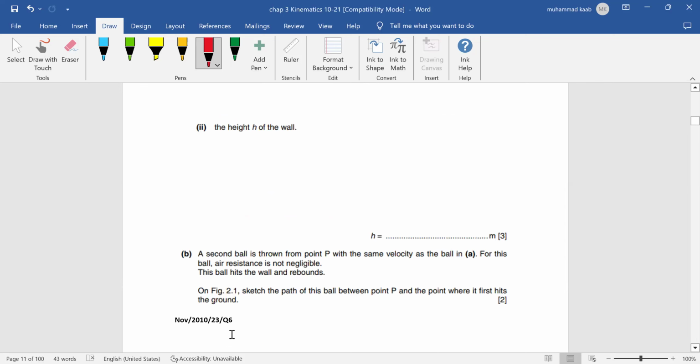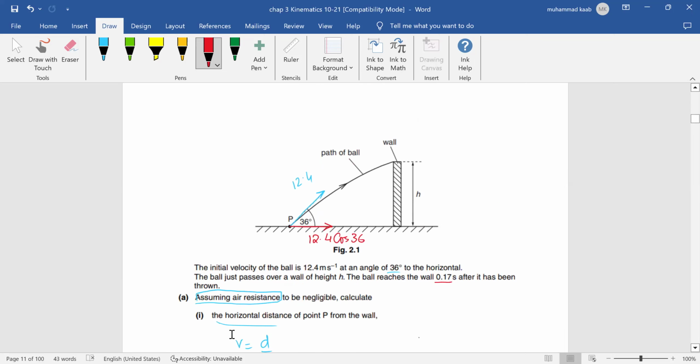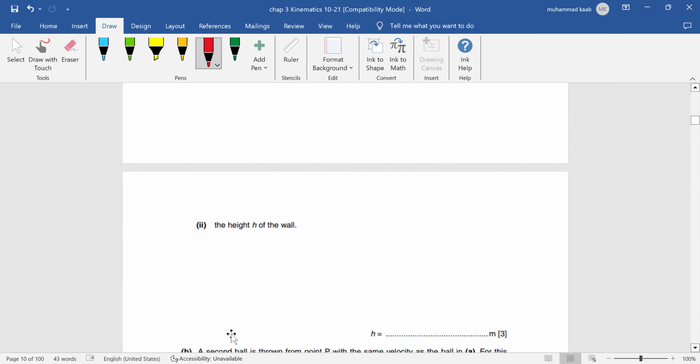Okay, the height of the ball. For the height, they are asking you to solve the vertical motion, right? The height is actually the vertical distance. So how many things do we have for the height? You have h as s, the vertical displacement.